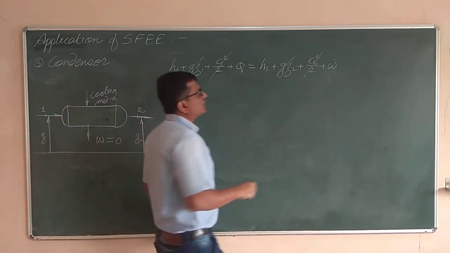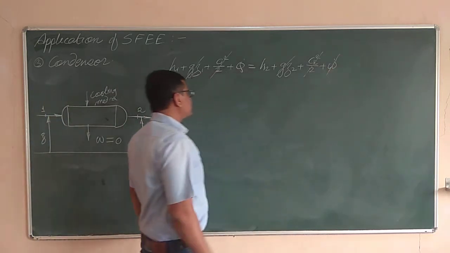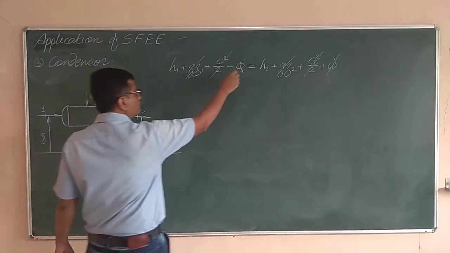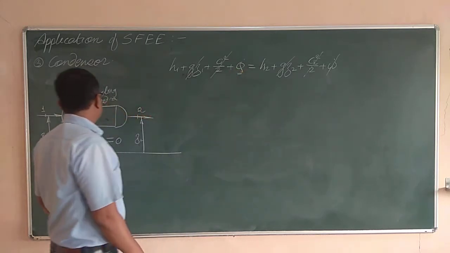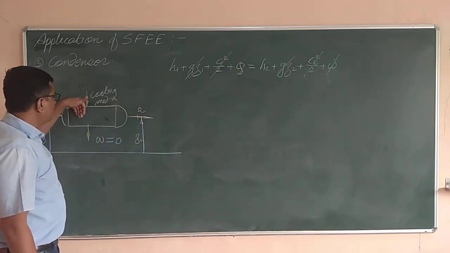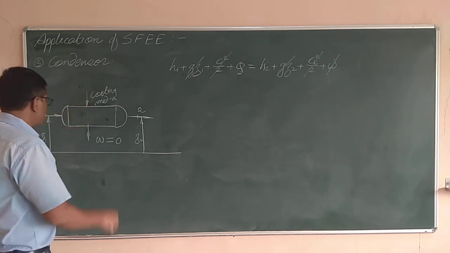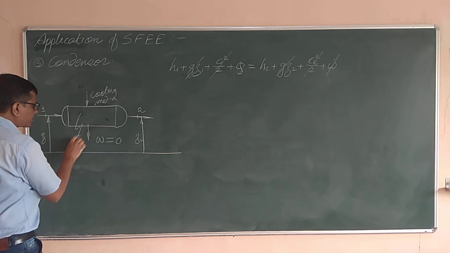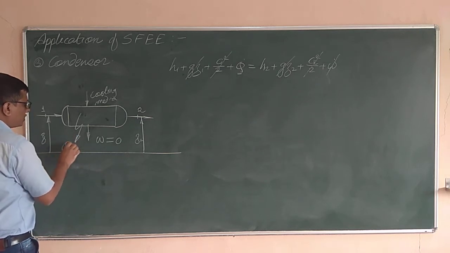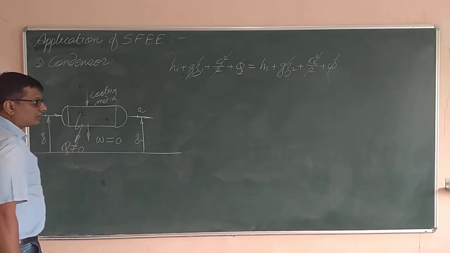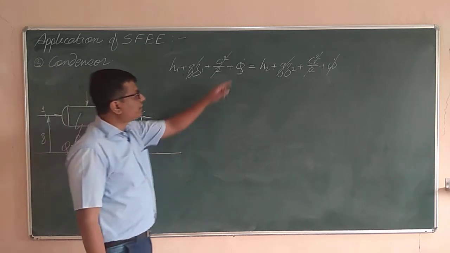So work done is also 0, but there exists a non-zero heat transfer rate, since we are providing some cooling medium over here. The cooling medium absorbs heat from the steam and takes it out. So the heat is rejected by the condenser, and Q will have a non-zero value. So Q cannot be eliminated.